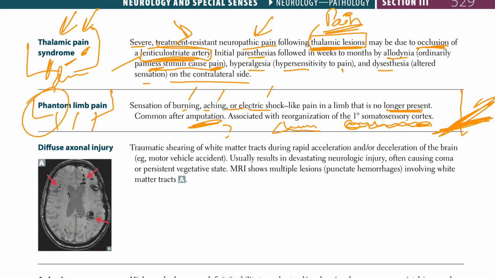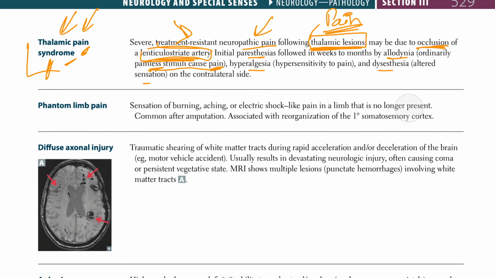But just remember the name: Phantom is a Rolls Royce car. Think about an accident where someone lost a limb, an amputation, but the person is not going to forget that car. So a Rolls Royce Phantom: limb pain after amputation.